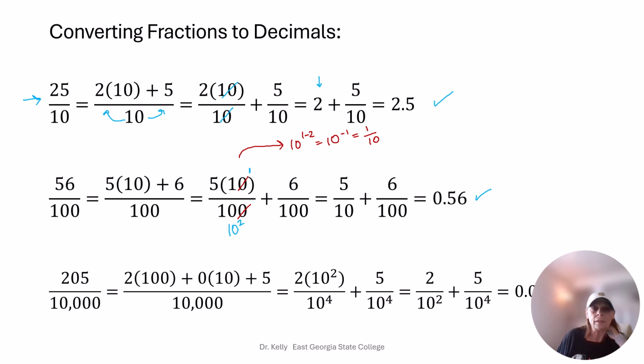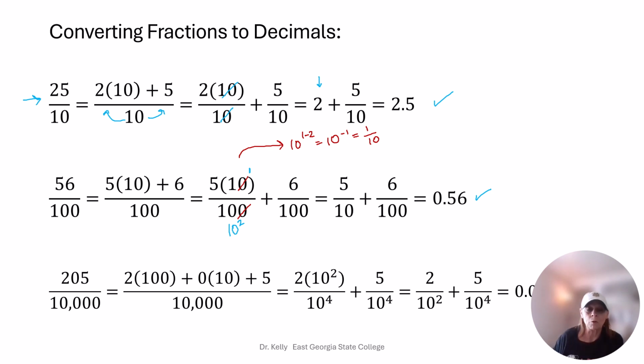Here finally, and I totally covered it up, I will write it out for us when we get to the end. I broke this 205 over this 10,000, broke it up the same way, except this time I used those exponents. You can see how those exponents could be helpful to write it in that exponent form.